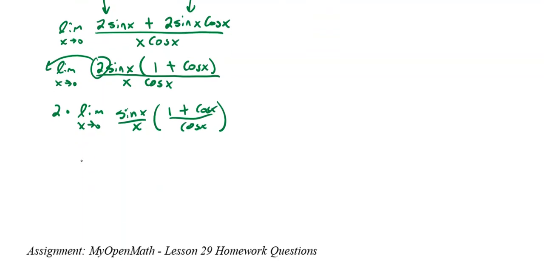So this would be just 2 times 1, times 1 plus cos of 0 is 1 over 1, so 4.